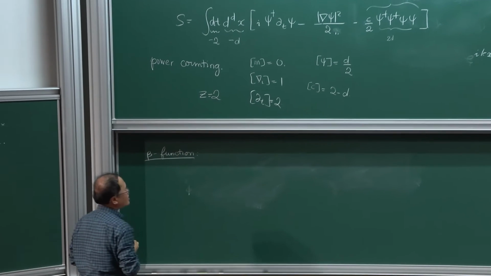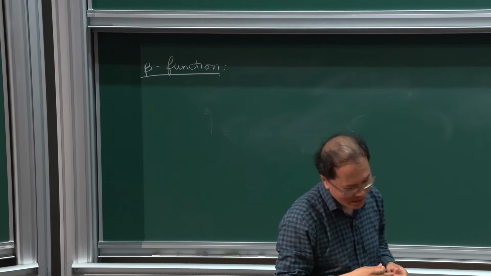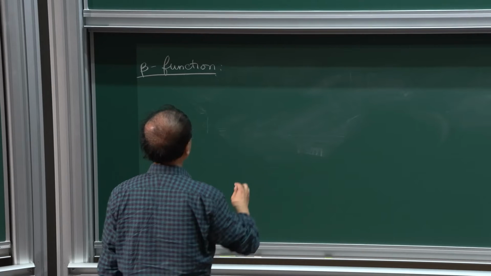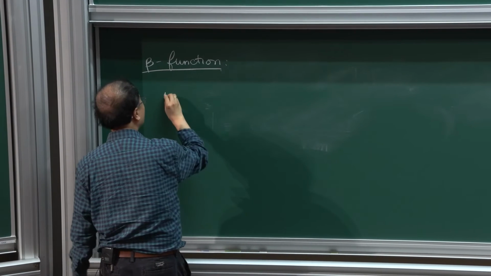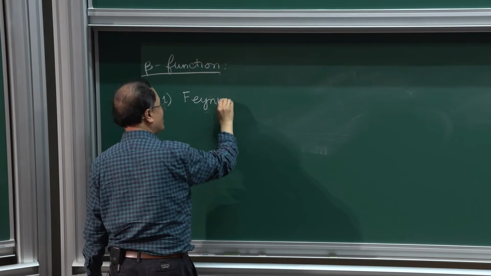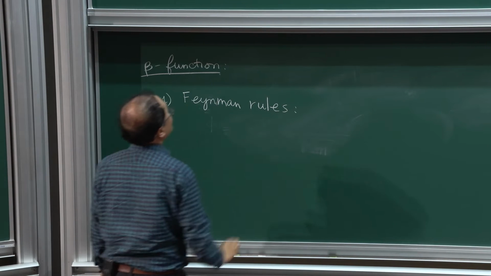And on the way, we will see some facts about non-relativistic field theory that simplify a lot of calculations. First of all, the Feynman rules of the theory are the following.